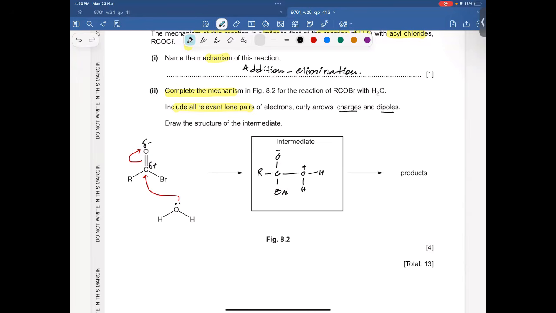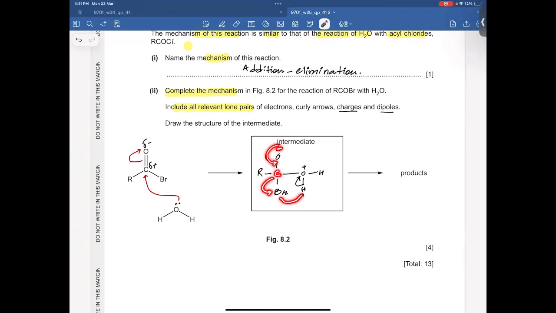Okay. Now, this negative charge makes a double bond here. At the same time, bromine leaves in the form of bromide ions. This bromide ion reacts with a hydrogen ion to give HBr, and the electron pair shifts towards the oxygen atom. I hope it makes sense to you. ये negative charge यहाँ पर bond बनाएगा at the same time to satisfy the number of bonds of carbon. Bromine leaves in the form of bromide ions.